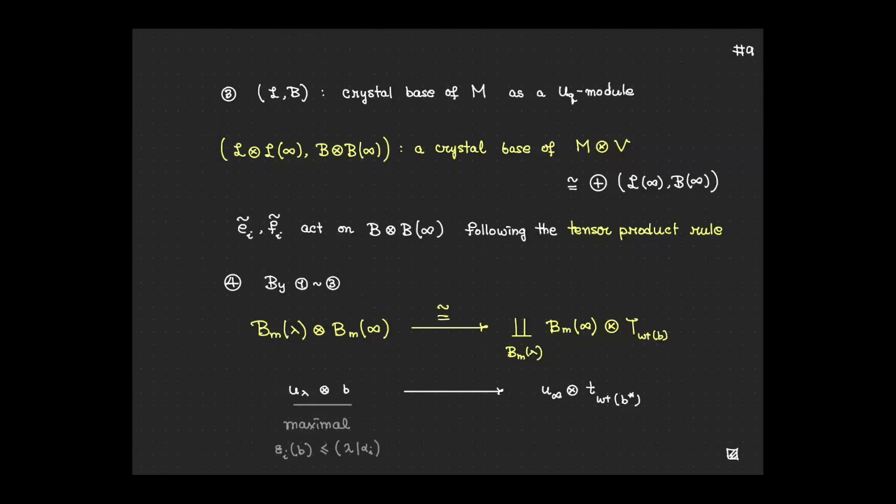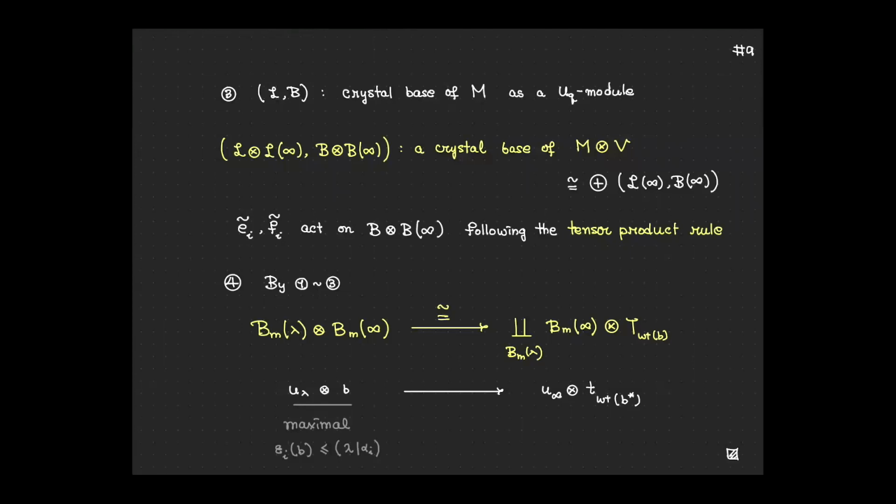And finally, the crystal operators Ei tilde and Fi tilde on this tensor product act very nicely on the crystal, following the same tensor product rule we know. So using facts 1 to 3, we can now state this fact: B lambda tensor B infinity is isomorphic to a disjoint union of B infinity.